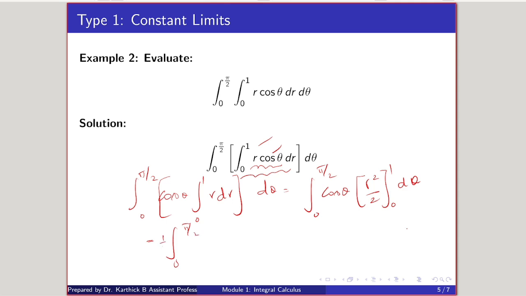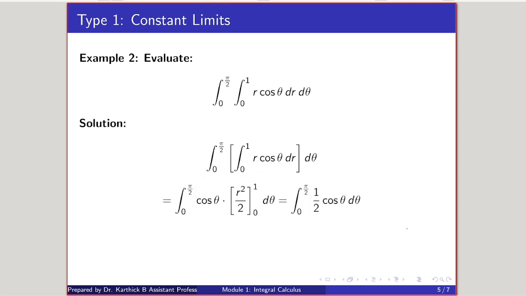1 by 2 will be a constant. So here cos theta is there, so 1 of course d theta. So 1 by 2 integral 0 to pi by 2 cos theta d theta. Now we have to evaluate this outer integral. So let's see, it becomes 1 by 2 cos theta d theta.